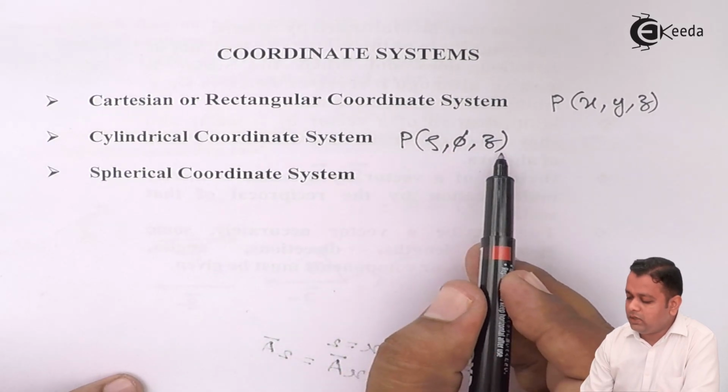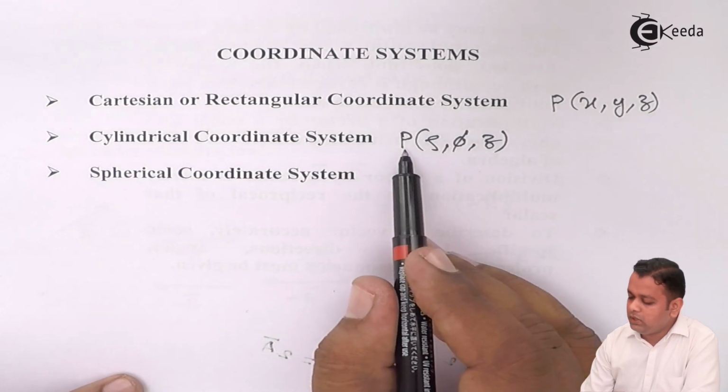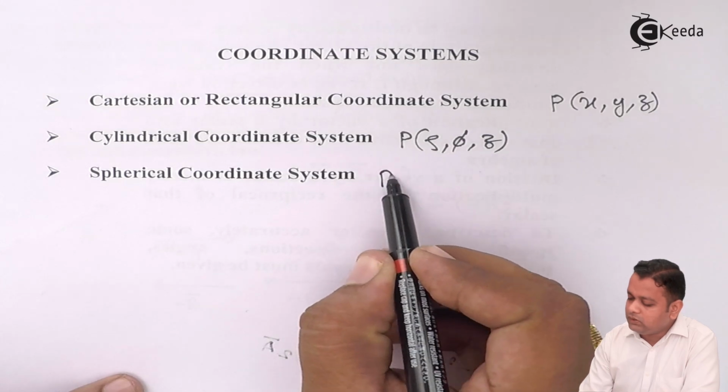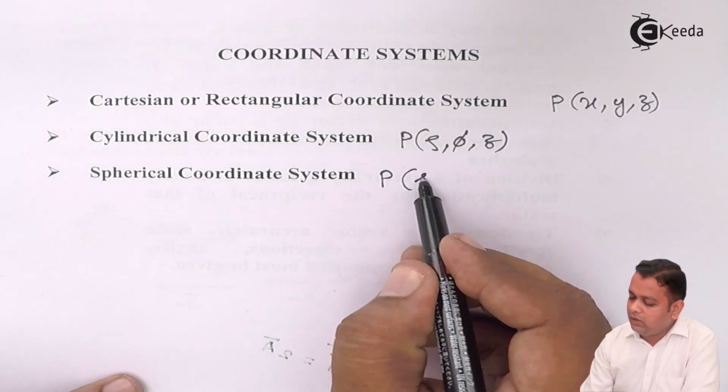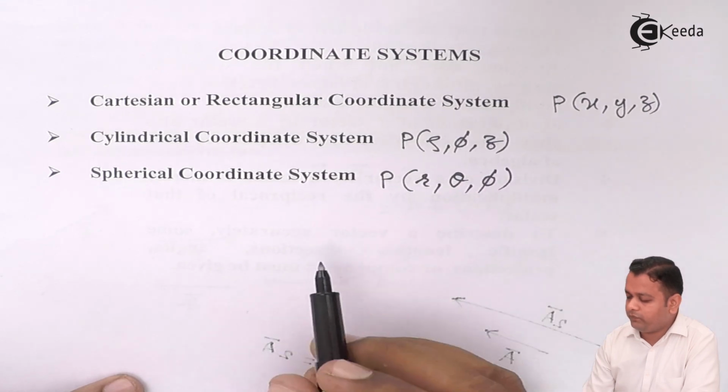Here rho and z are the distances, whereas phi is the angle. The same point P, if we want to locate in the spherical coordinate system, is represented as P in bracket r, theta, phi.